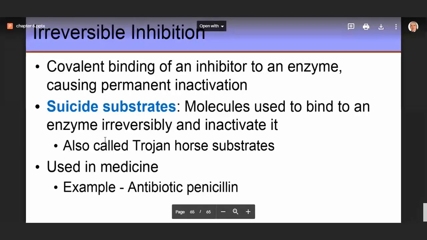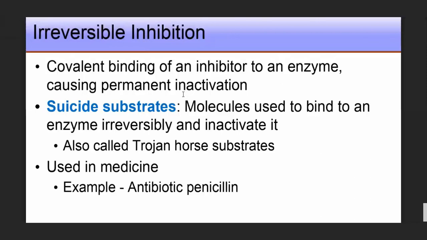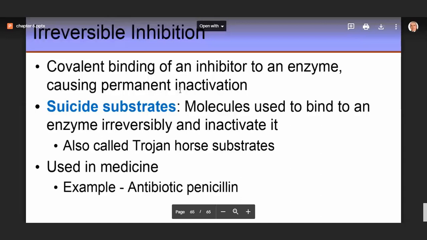Now the last slide here and the last type of inhibition is called irreversible inhibition. In this type of inhibition, covalent binding of an inhibitor to an enzyme causes permanent inactivation. Whenever a covalent bond is formed between the enzyme and the inhibitor, this will lead to inactivation, immediately, permanent.